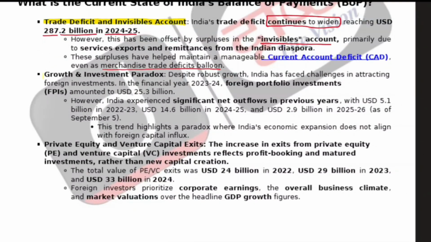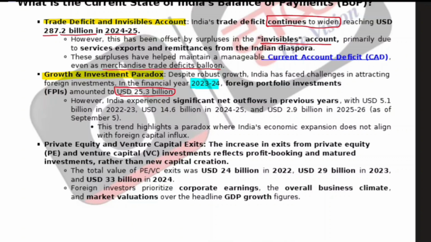The second one is the growth and investment paradox. Despite robust growth, India has faced challenges in attracting foreign investment. In financial year 2023-24, foreign portfolio investments, FPIs, amounted to 25.3 billion US dollars.